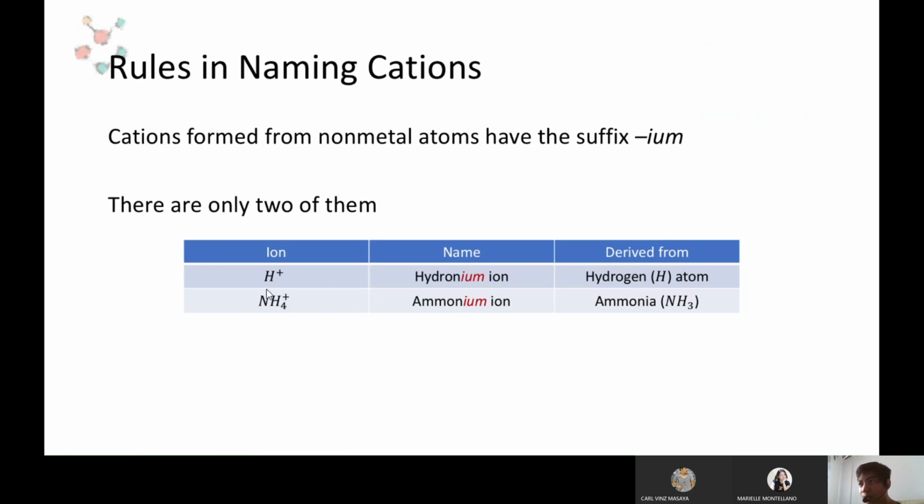One of the non-metal cations is H+. Its name is hydronium. Where does it come from? From the hydrogen atom. When your hydrogen atom releases an electron, it becomes H+. The name of that ion is hydronium: hydron-, hydrogen, plus -ium, because the suffix is -ium.